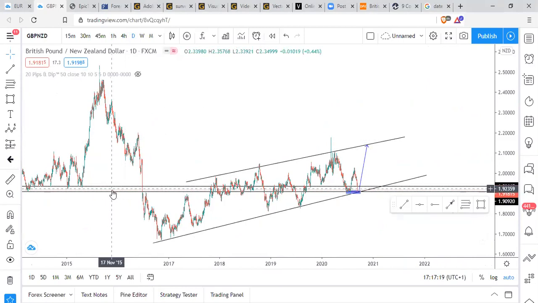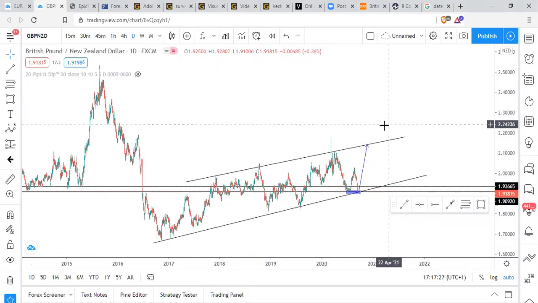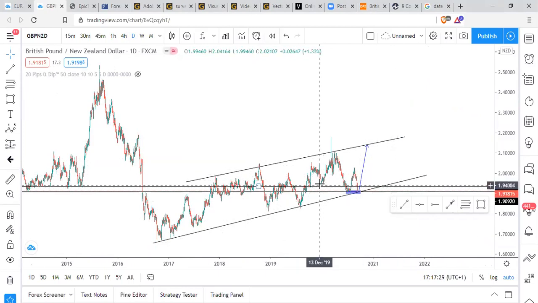These are what we call horizontal S and R. By diagonal, I mean your trend lines. Look at this. This is what we call diagonal S and R. Then by dynamic S and R, I mean your moving average.